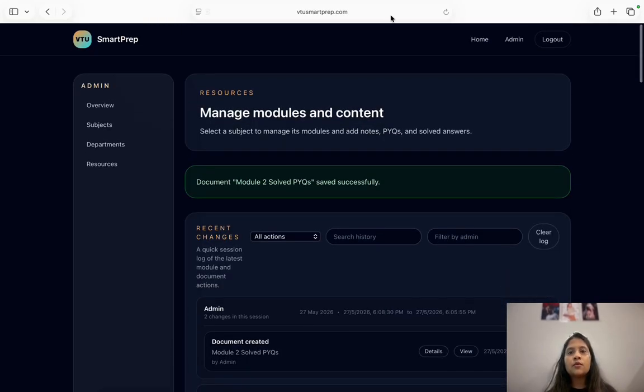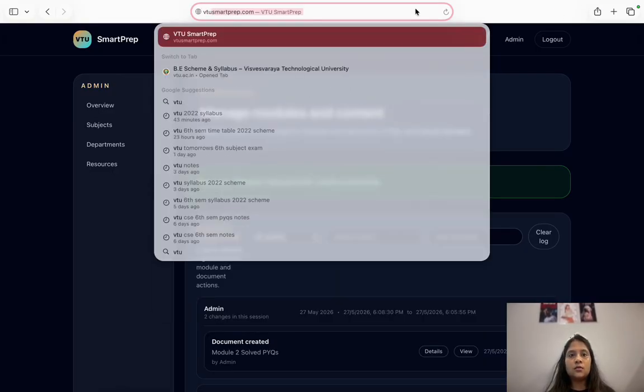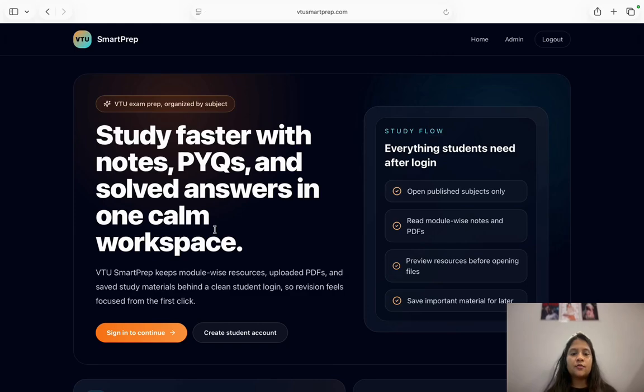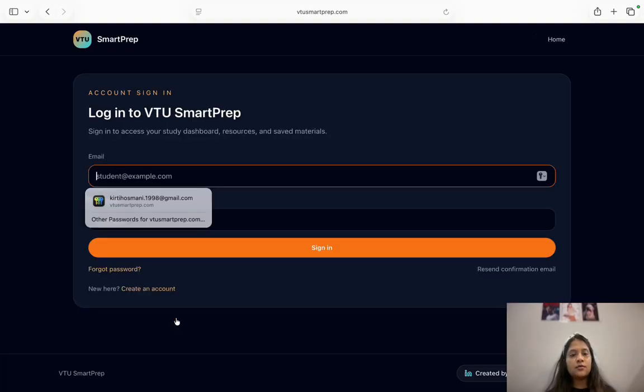You have to go to VTU Smart Prep, vtusmartprep.com. Next, you have to create a student account: enter your full name, email ID, and password. Once you sign up, you'll get a confirmation mail, so confirm the email address, and then sign in.